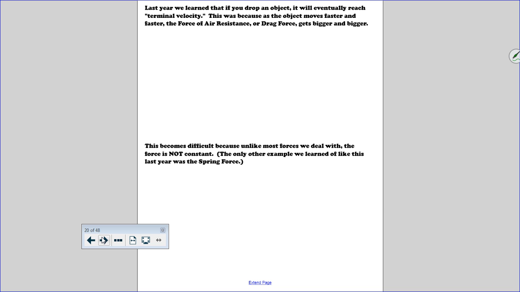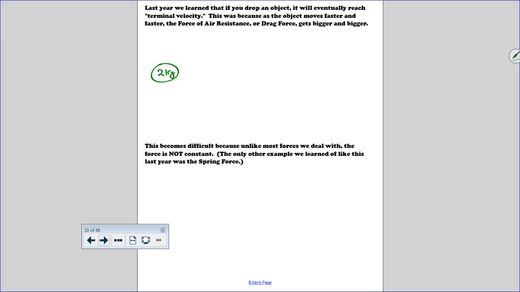All right, so last year we learned that if you drop an object, it will eventually reach what's called terminal velocity. The reason is that as the object moves faster and faster, your force of air resistance, your drag force, gets bigger and bigger. Let's suppose we've got a 2 kilogram object.